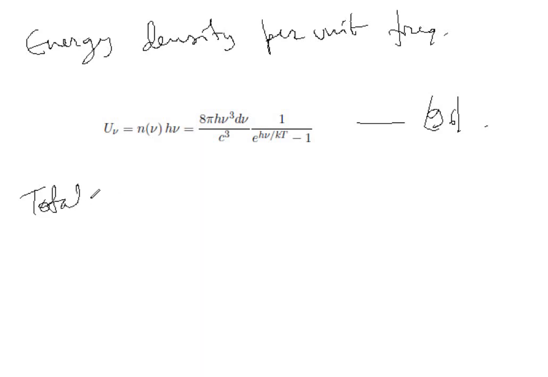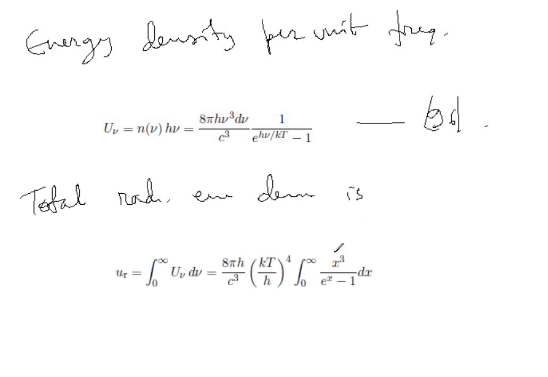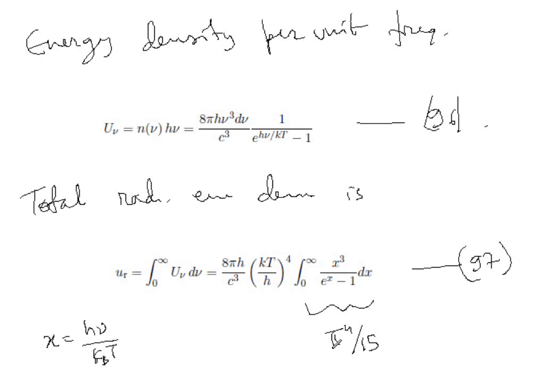Now let us talk about the total radiation energy density. We do the integration from 0 to infinity over all frequencies, and upon doing that we will get this relation. Just doing the integration, equation 97, where we have used x as h nu by k_B T. Now this last integral has a value of pi to the power 4 by 15. You can check this yourself.